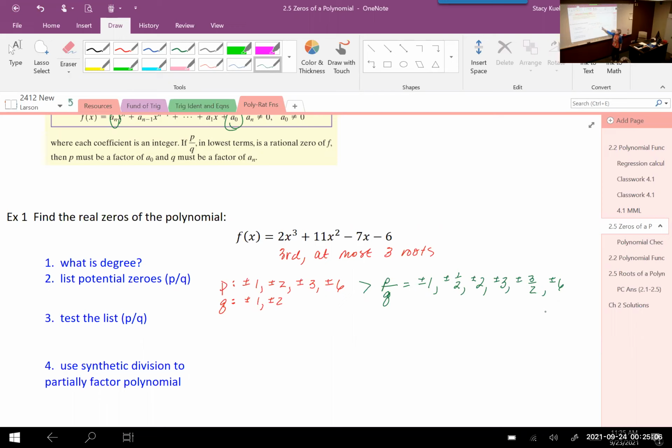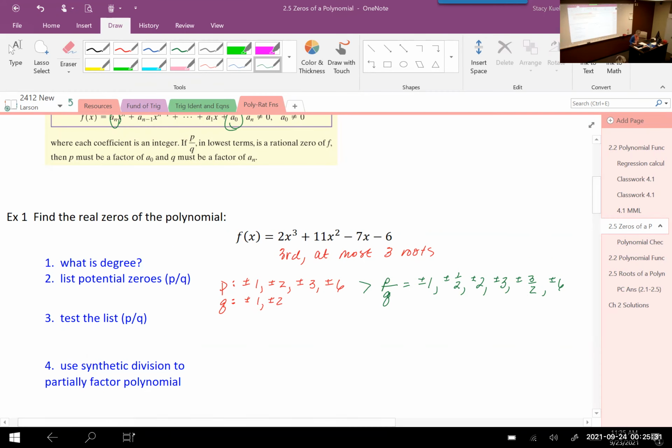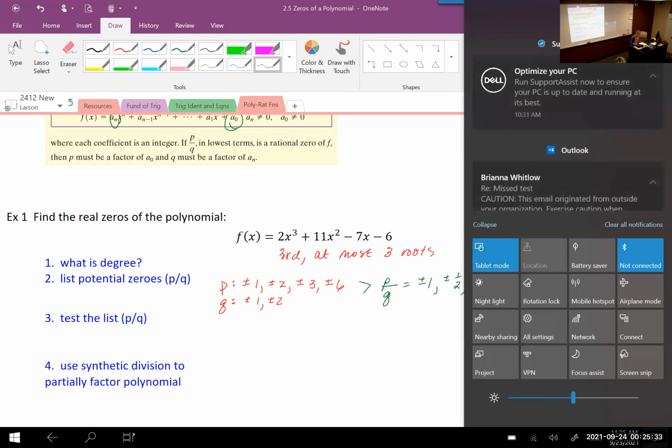Okay, so there is a list of all the possible x-intercepts right here. And you can plug it into that function 12 different times and make a list of all of the ones that came out to be 0, because that is a solution to my function. But that is not the way that we're going to do it, because we have technology nowadays. And so we're going to let the calculator do the grunt work for us, I say. All right?